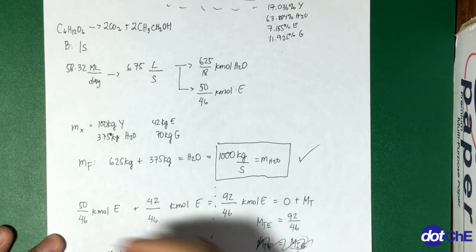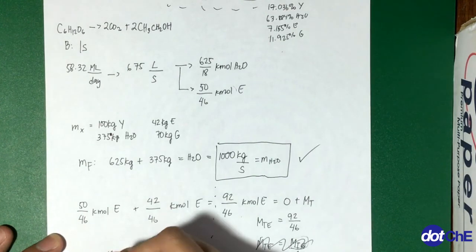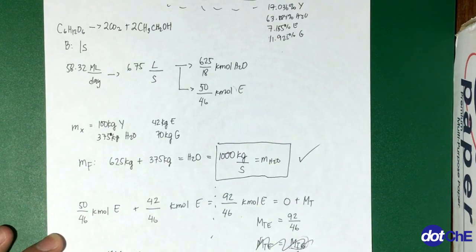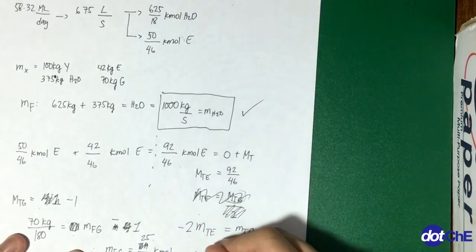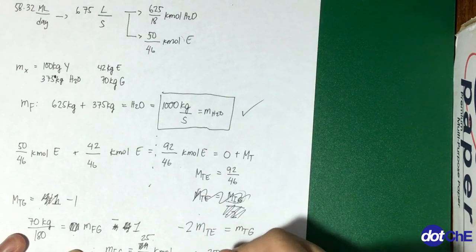Sorry, this is negative, since this is a reactant, this is a product, so they have different signs. So this is now negative 1. So for MFG, minus 1, we get not 79, but rather 25 kilomole here. Converting that to mass balance, we now have 250 kilograms per second.